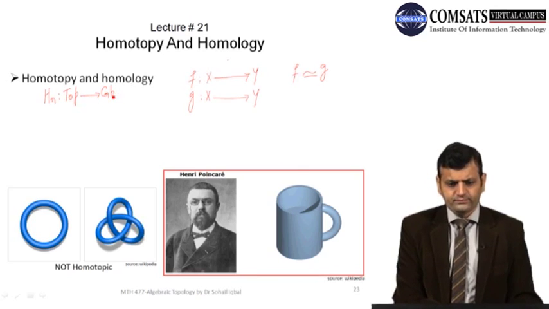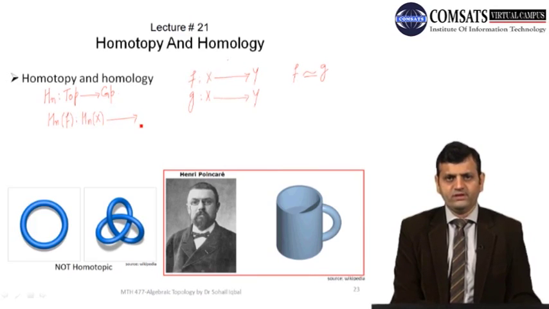Okay, now the point is, if we have a continuous function from x to y, then we should have its image. So we call this image Hn of f, from Hn of x to Hn of y. So remember that a functor not only gives me the images of spaces, but it also gives me images of the maps.